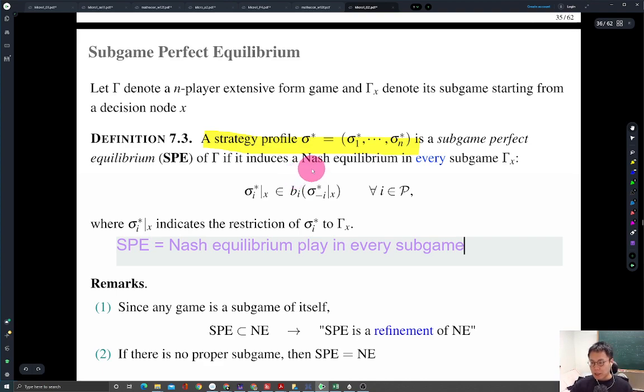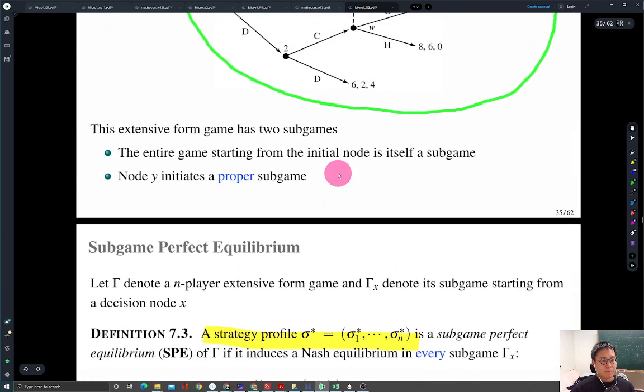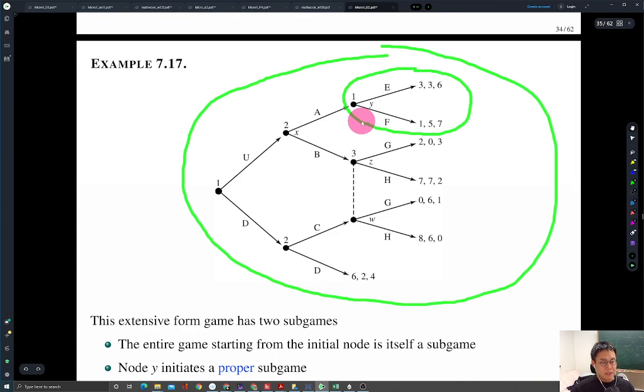So that condition includes the equilibrium play in the entire game. But if we consider this example, the Nash equilibrium requires rational behavior in the entire game only. But SPE requires two things: rational behavior in the entire game plus rational behavior in this subgame.